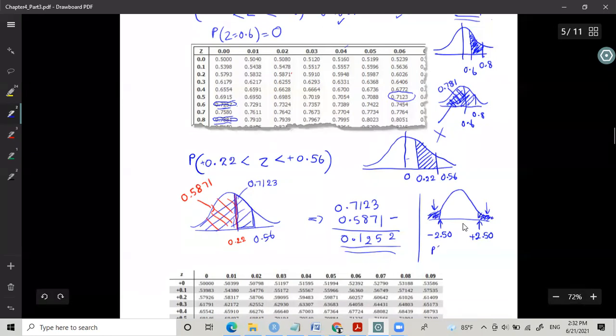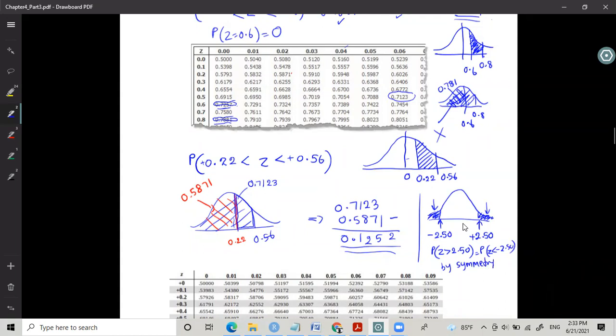That means the probability of z greater than 2.50 is the same as the probability of z less than negative 2.50. This is by symmetry. Therefore, if you can find the area for negative 2.50 and multiply it by 2, you get these two areas.